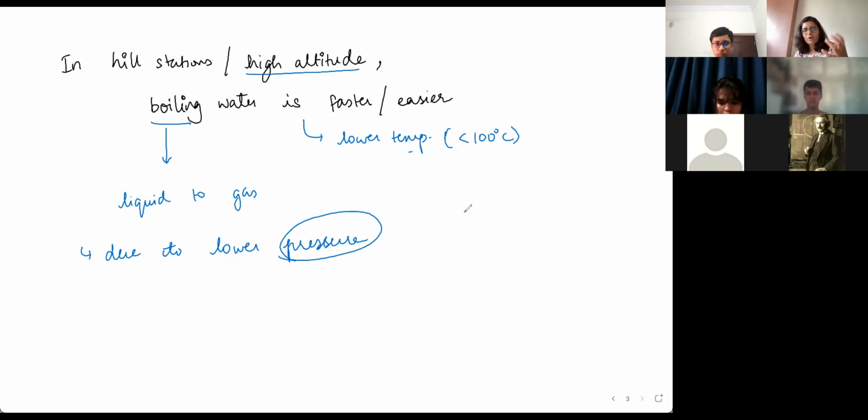But if it's not very much lower than surface level, it may boil at around 98. So that depends on how much lower the pressure is. It cannot go to something like 50 degrees boiling, right? In real life, no. But if you lower the pressure to such an extent, you can boil water at 50 degrees Celsius, in a laboratory.